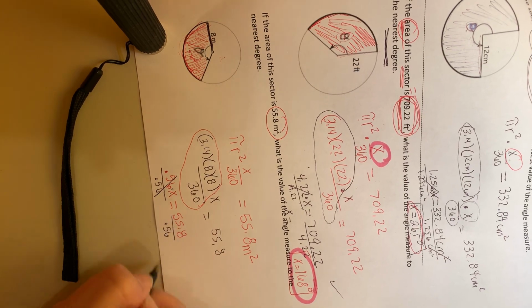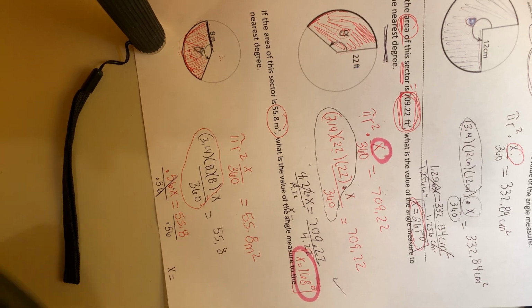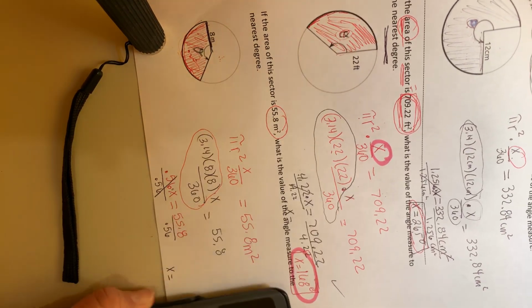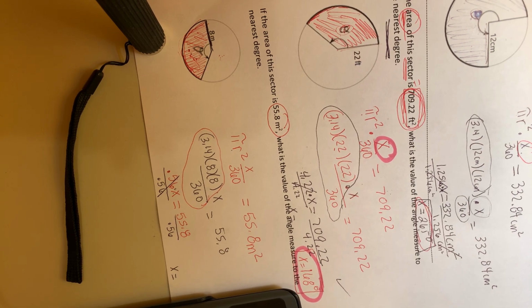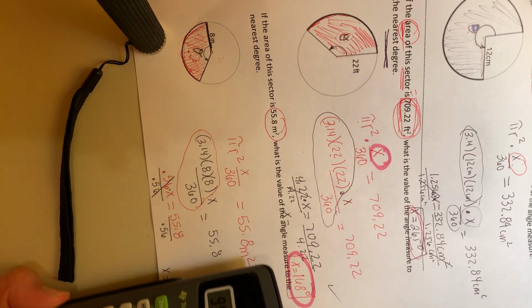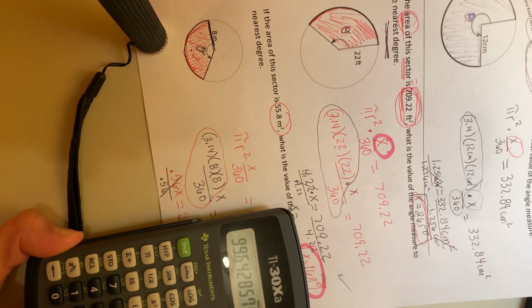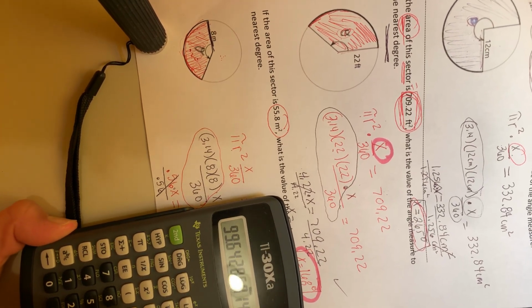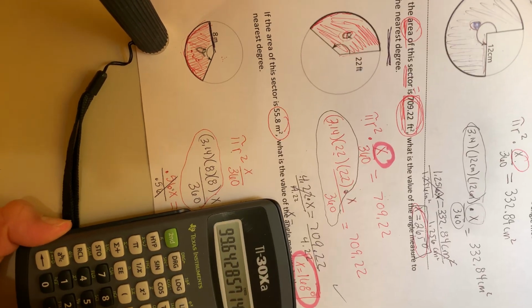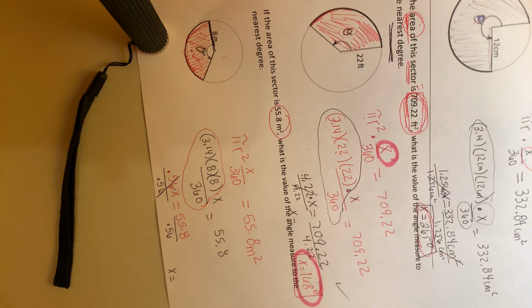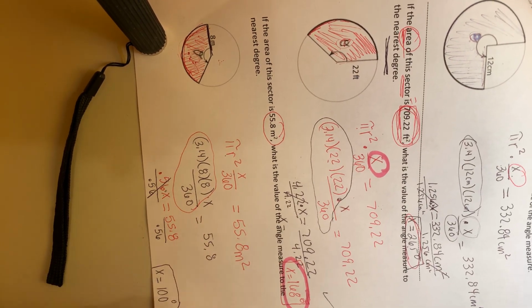So I'm left with x equals 55.8 divided by 0.56, which equals 99.6. So rounded to the nearest degree, is that closer to 99 or 100? Good, it's closest to 100 degrees. So x equals 100 degrees.